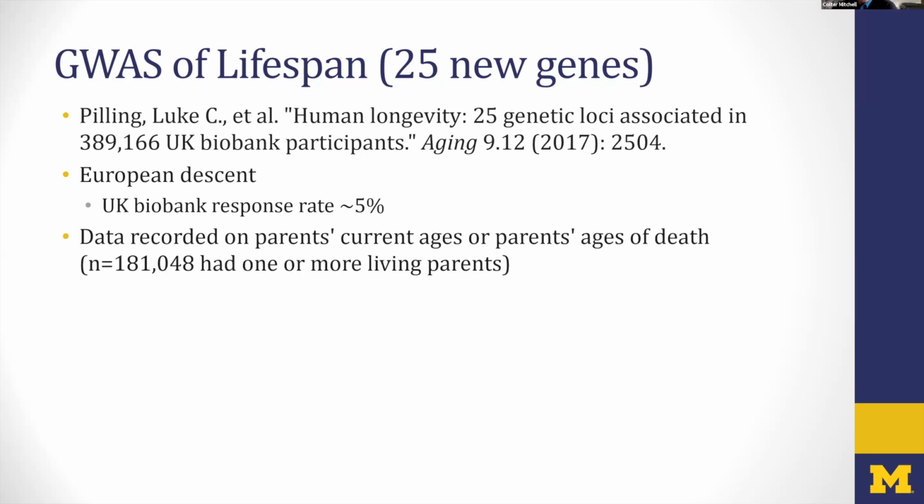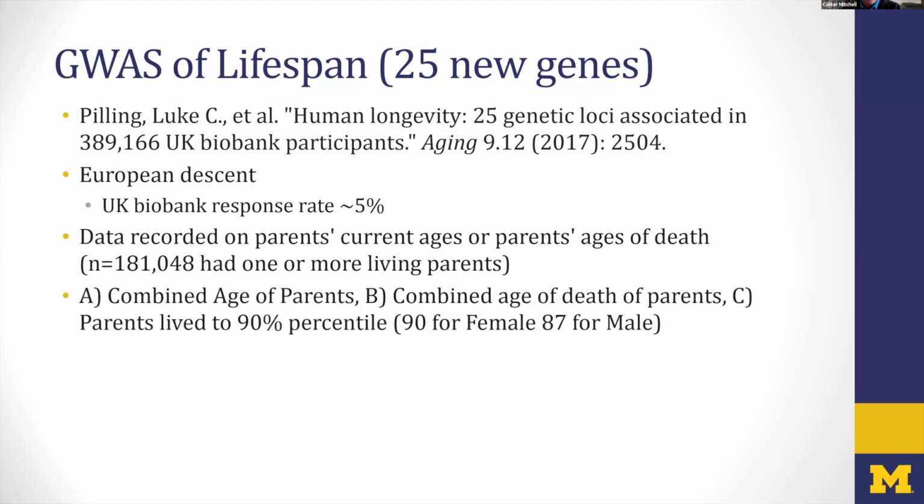And in this case, what they did is they looked at data recorded on parents' current ages or their parents' age of death, and they used the child's genes and asked about their parents. And in this case, they had around 181,000 who had one or more living parents of the 389,000. So many had parents who died.